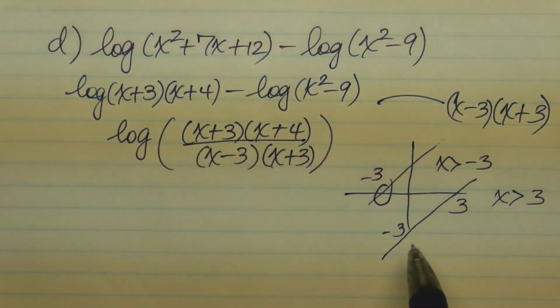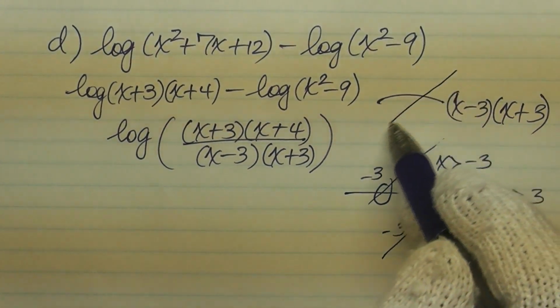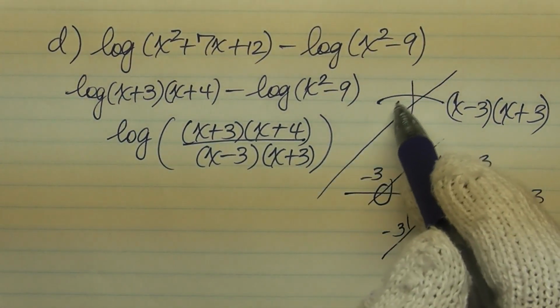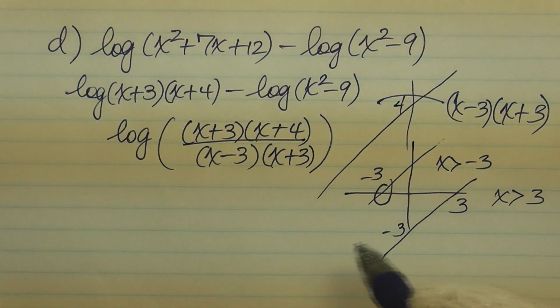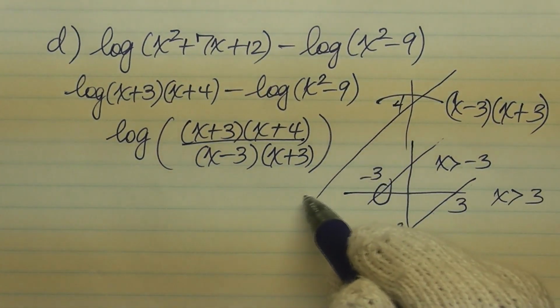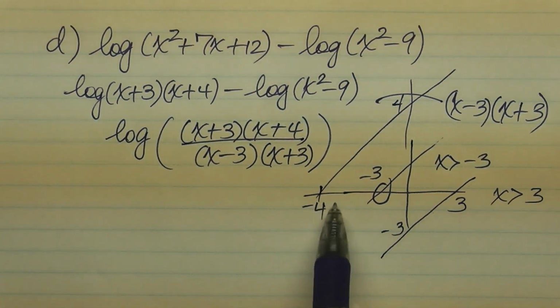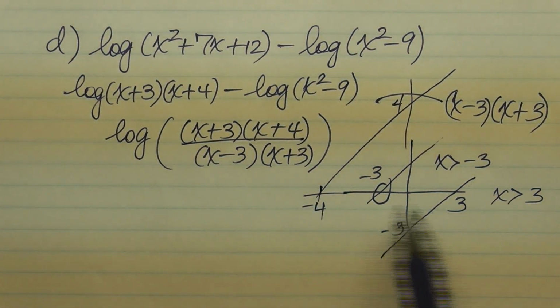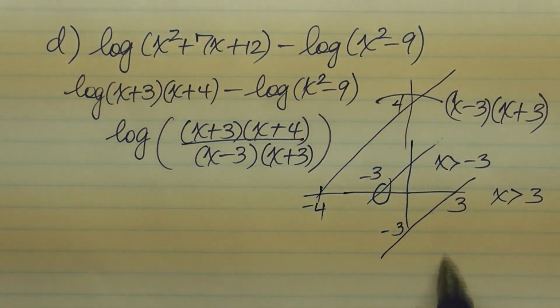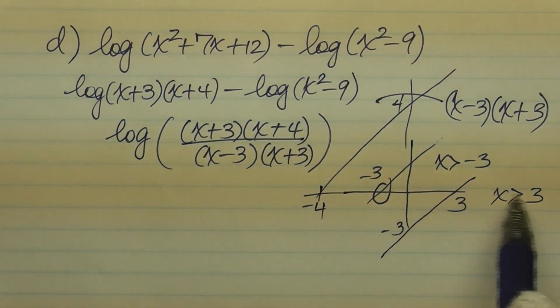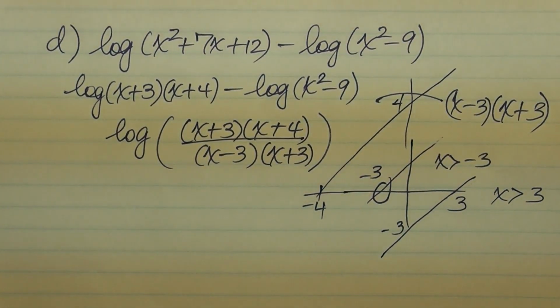When is x plus 4 going to be positive? When x is greater than negative 4. So the ones that have all three in common is when x is greater than 3.